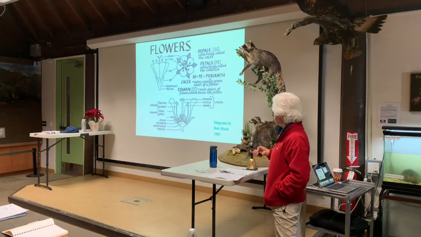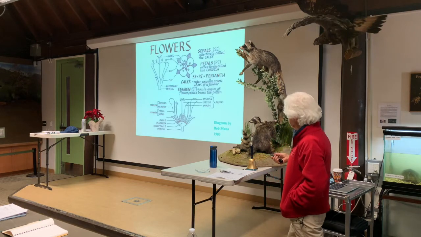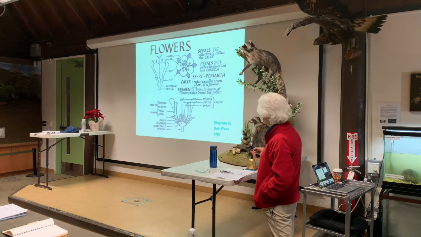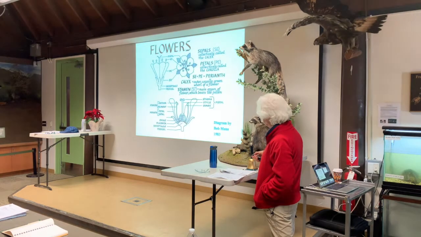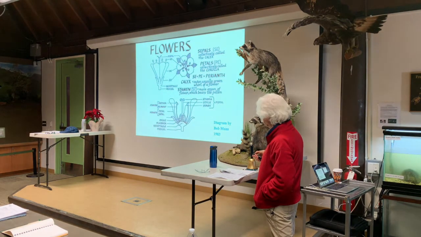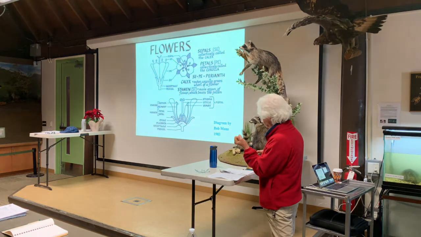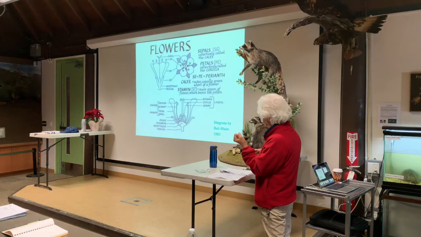So here is a diagram. This is from the side: the pedicel, which is the stem. The receptacle, I didn't talk about that before, holds together the sepals and the petals.